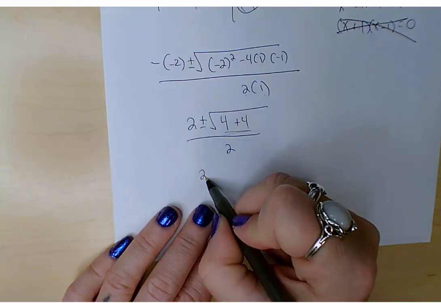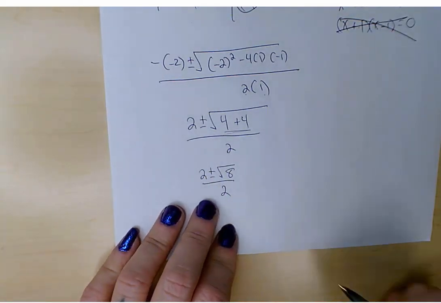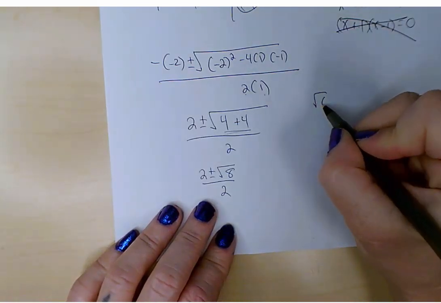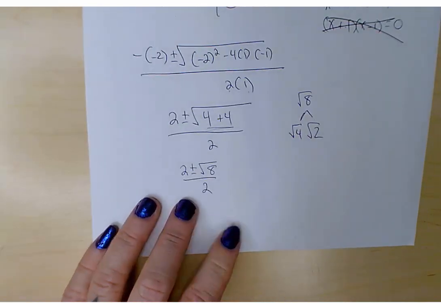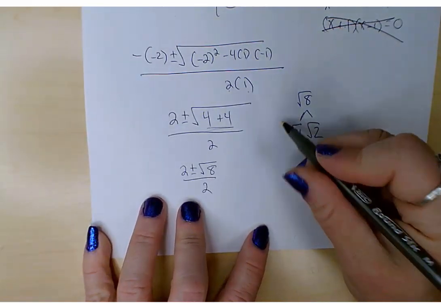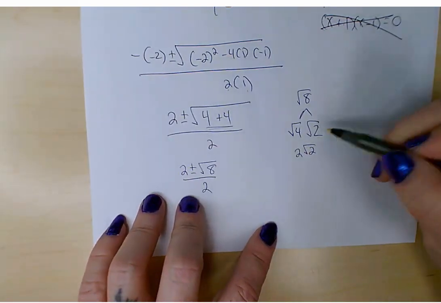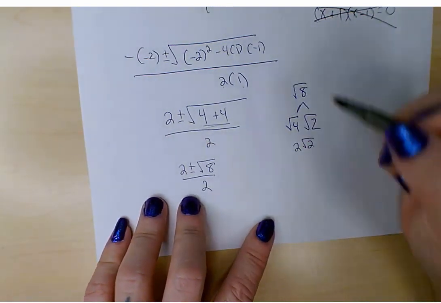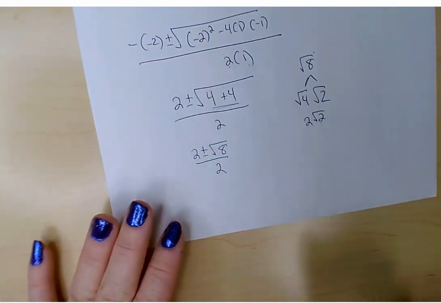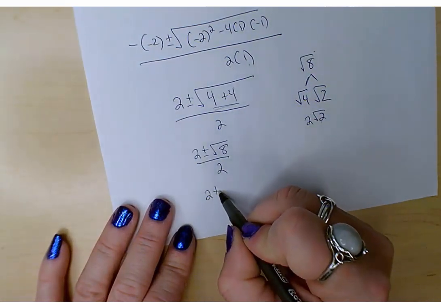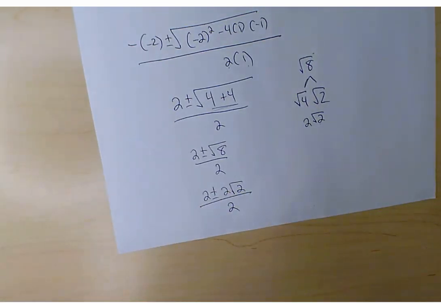Add underneath the radical to get 2 plus or minus the square root of 8 over 2. Simplifying the square root of 8. Keep in mind the square root of 8 is the square root of 4 times the square root of 2. Square root of 4 is a perfect square. That gives us the 2. Square root of 2 just drops down, giving us that the square root of 8 is 2 square roots of 2. Throwing that in here, that gives us 2 plus or minus 2 square roots of 2 over 2.